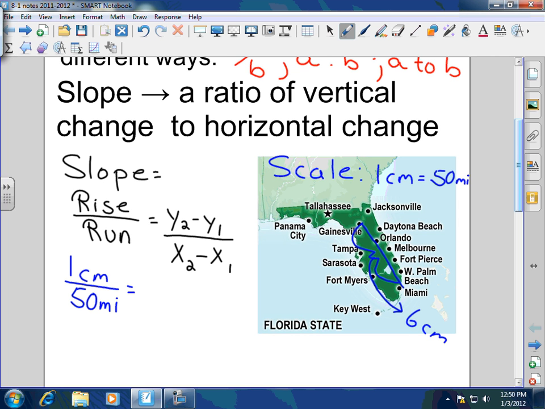Since I have centimeters on the numerator, I'm going to put centimeters on the numerator here, and we were given 6 centimeters. I have miles in the denominator, so I'll put miles in the denominator of my second fraction, which in this case would be x miles. So I would cross multiply, and x would equal 300 miles.